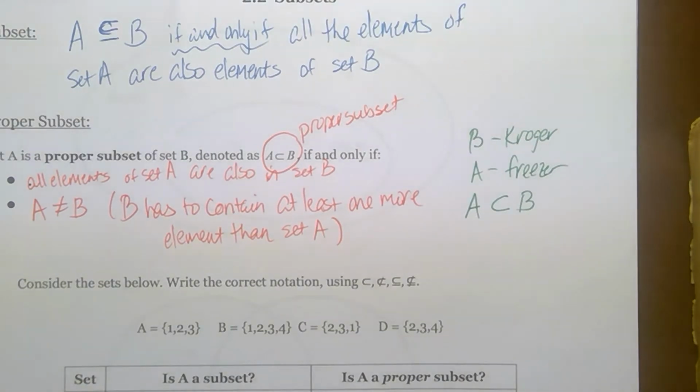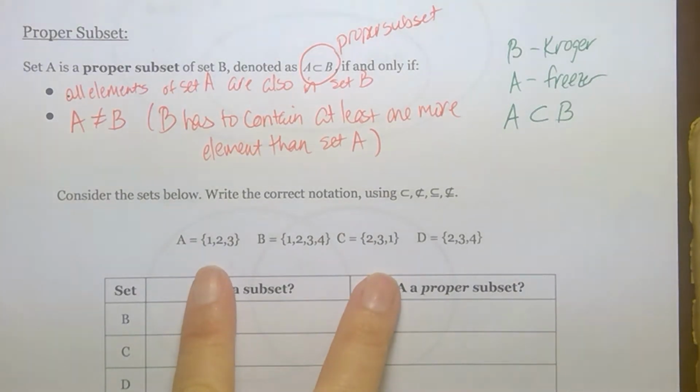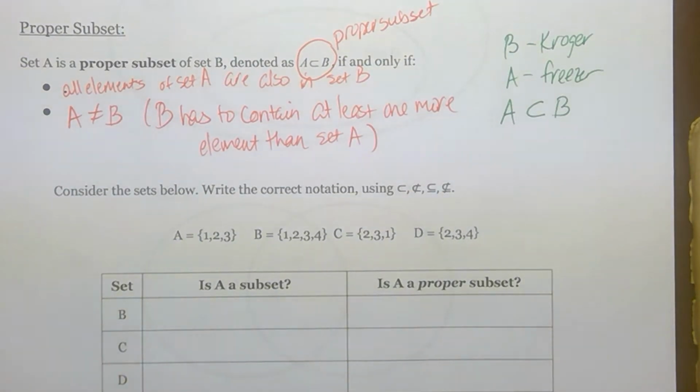Okay. Consider the sets below and write the correct notation. We have A, B, C, and D defined. Are any of those sets equal? Well, yes. Notice that A and C are equal sets. D is equivalent to A and C, but it's not equal because it doesn't have the exact same elements. Okay. Let's read the first one.